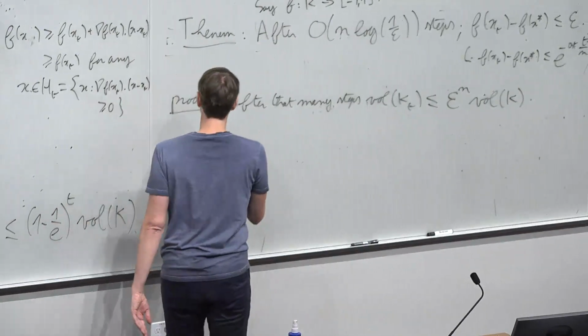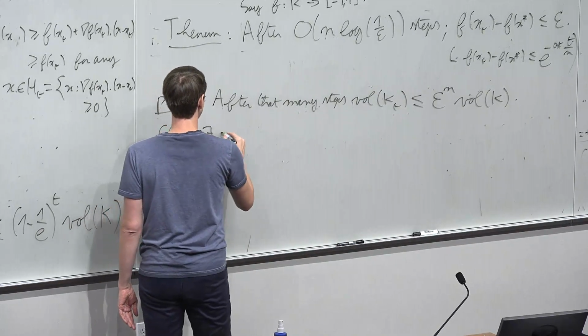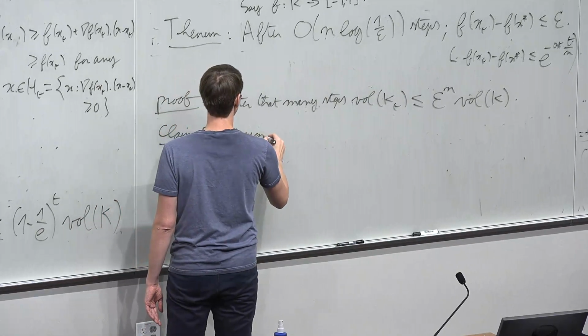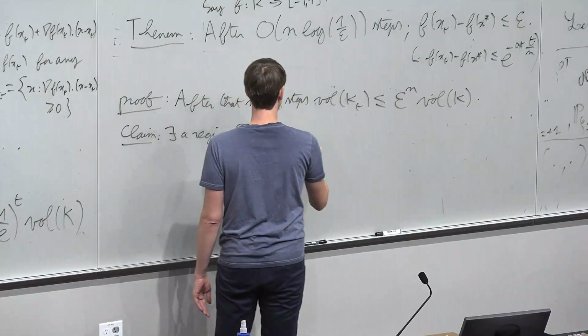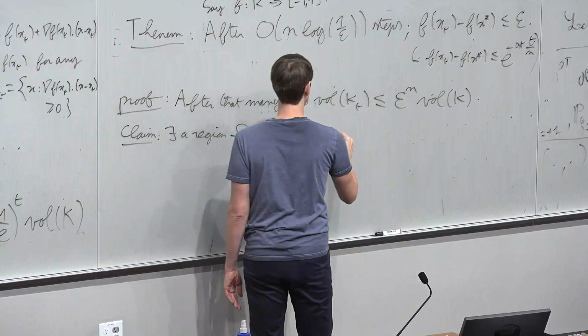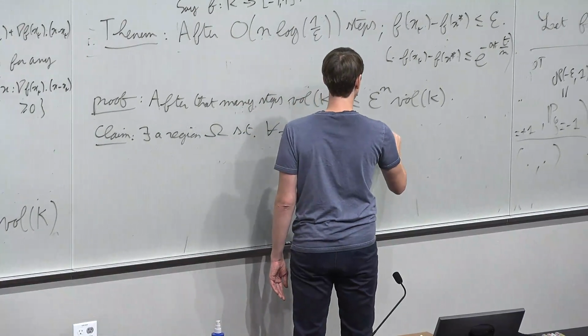Okay, so the claim is there exists a region omega, a subset of K, such that for any x in omega, f of x minus f of x star is smaller than epsilon.